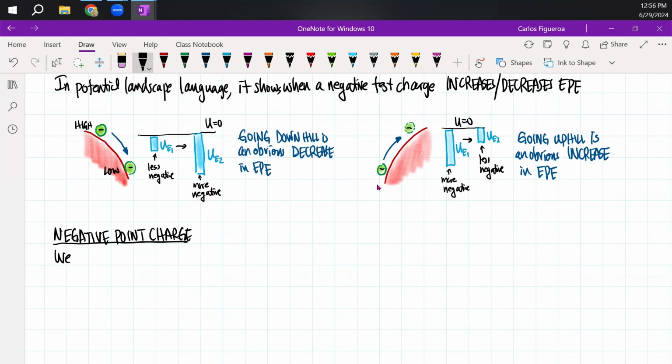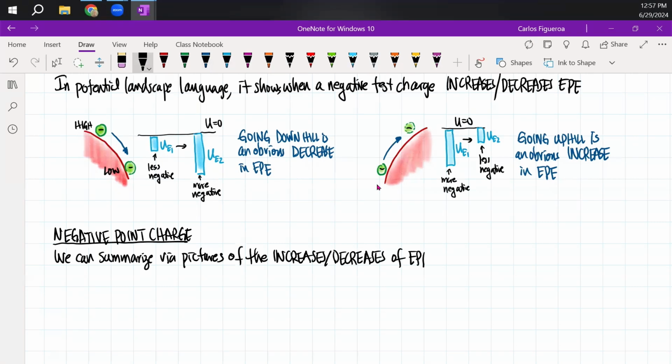We can summarize via pictures the increases/decreases of electrical potential energy.